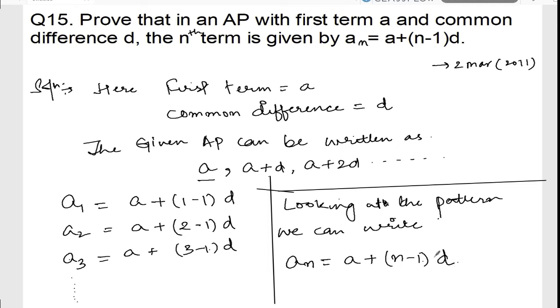So an is a plus (n minus 1) d, and we have proved it for any n. Hence proved.